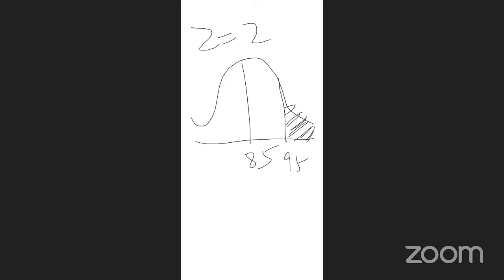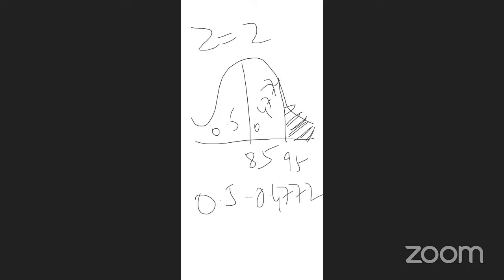Can anyone locate it? I have already sent the table value to you. Can you locate the table value? It is 2.0 under 0. That means this value is 0.4772. That means the total area, this is 0.5, this is also 0.5 minus 0.4772.